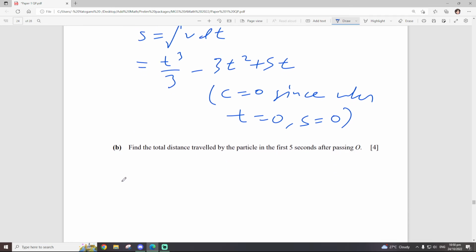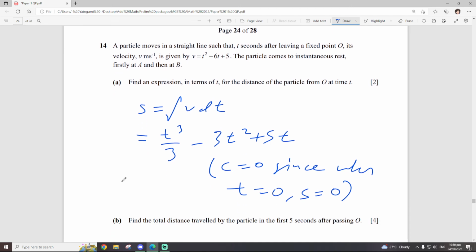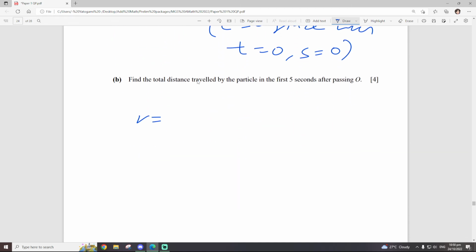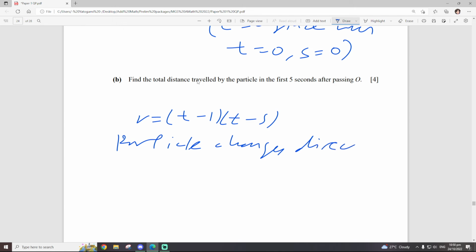Find the total distance traveled by the particle in the first 5 seconds. So for this, we need to be careful because the particle might turn. So v equals, we can factorize it to (t minus 1)(t minus 5). So the particle changes direction at t equals 1 and t equals 5.